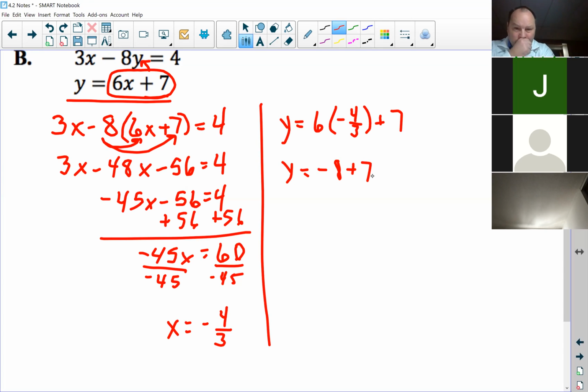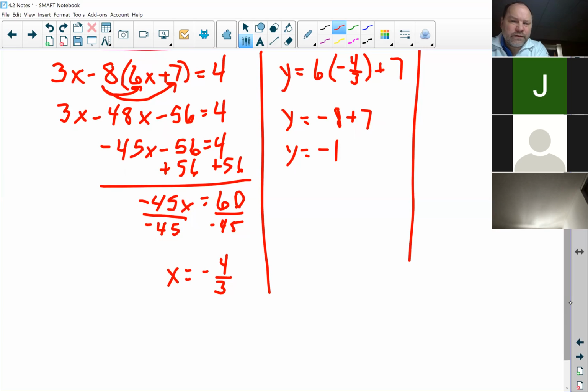And so 6 times -4/3 is -8. Then to finish the problem, I take -8 plus 7, and that gives me -1. So for this problem, my solution is -4/3, -1.